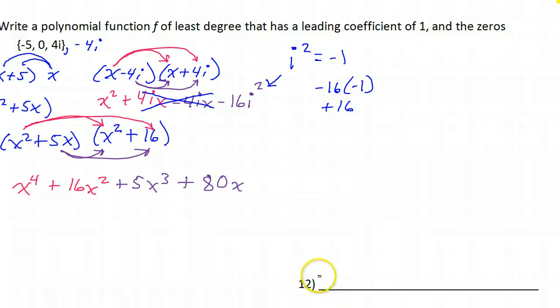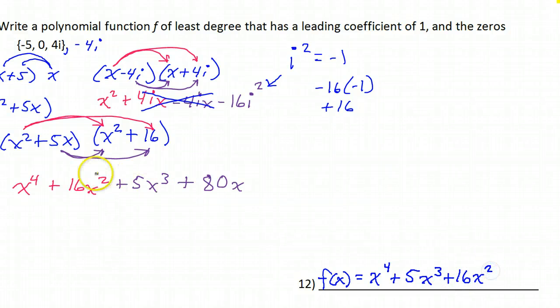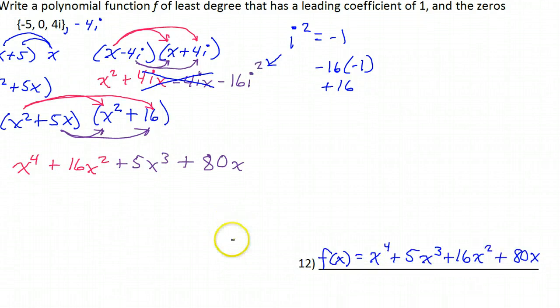It said function f, so we will call this f of x, and we will put in order. So x to the 4th power, then comes plus 5x to the 3rd power, then comes plus 16x squared, and last comes plus 80x. Descending exponent order. And that is how you do number 12.